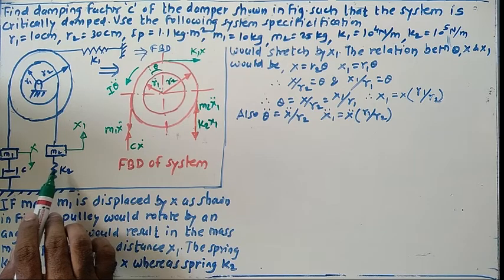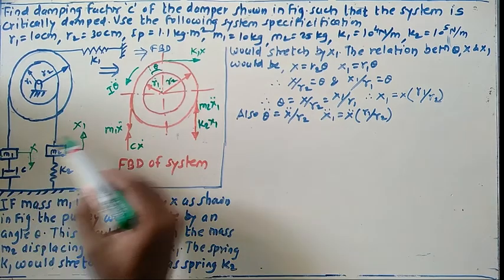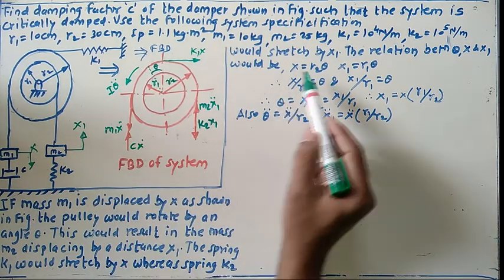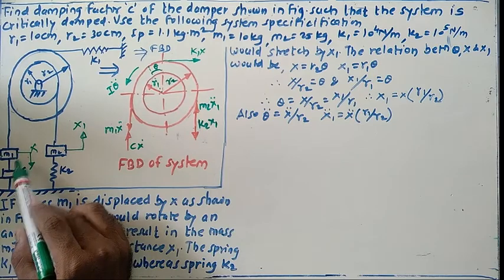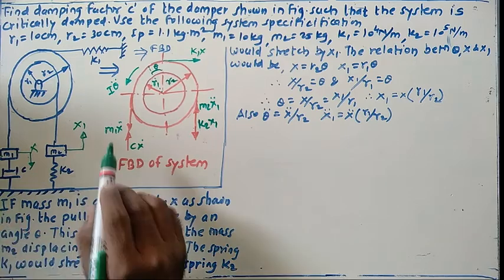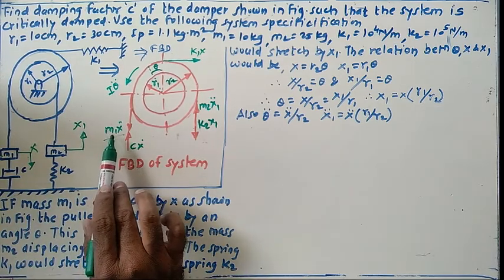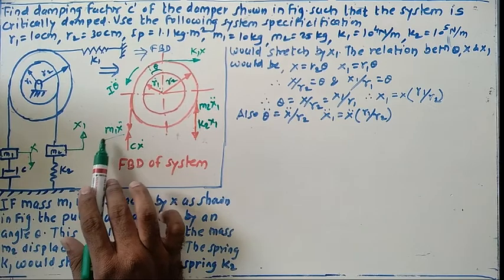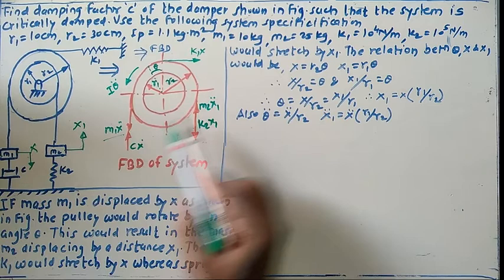So the relation between theta, x and x1 would be, if you concentrate on this x, because of the movement of this mass in the downward direction, this is nothing but the accelerating force because of mass m1. This indicates the accelerating force because of mass m2.